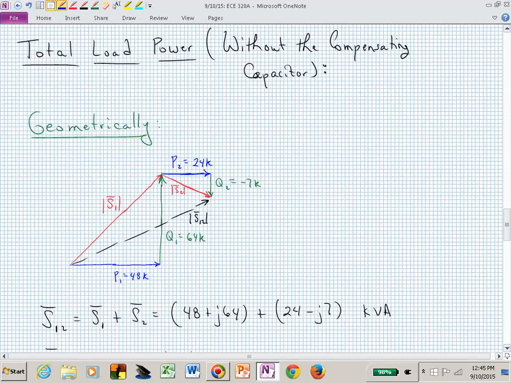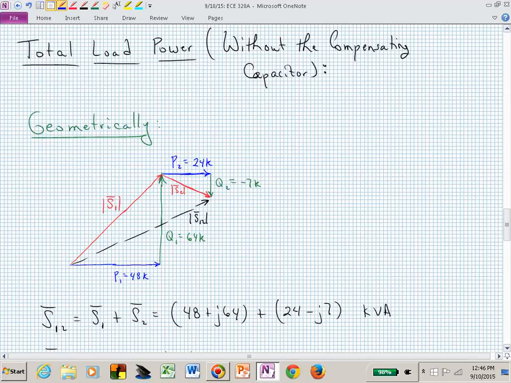And you can see then what that second load is doing to the overall angle that you started with, let's say with load 1. The angle from load 1 is larger than the angle for the combination of those two loads, which means which one has a power factor closer to 1?